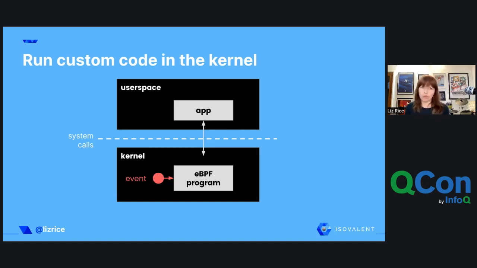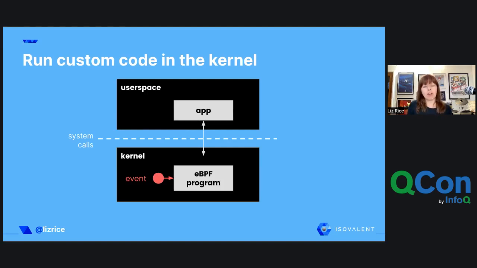Events can be all sorts of different things. It could be the arrival of a network packet. It could be a function call being made in the kernel or in user space. It could be a trace point. It could be a perf event. There are lots of different places where we can attach eBPF programs.